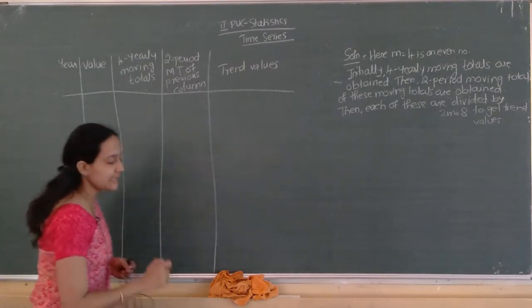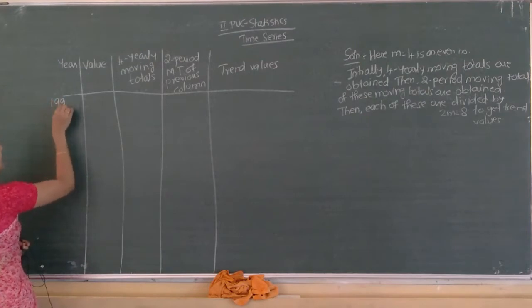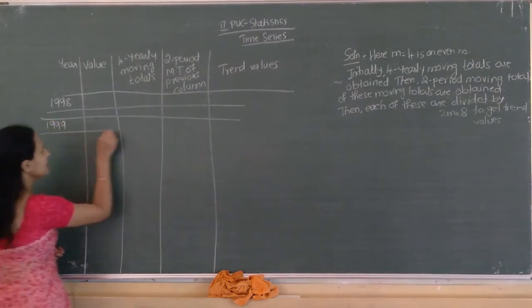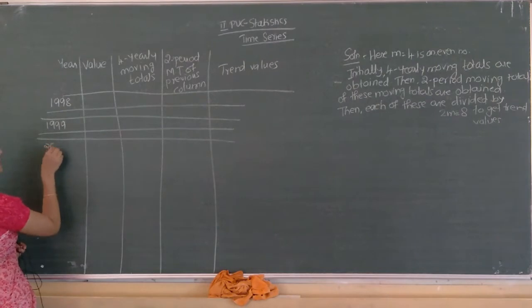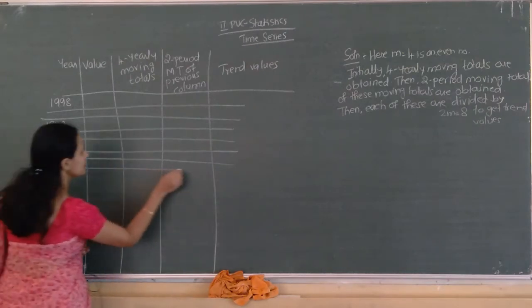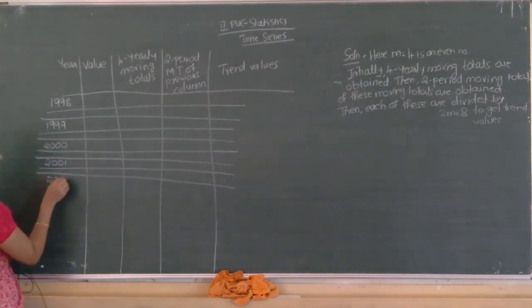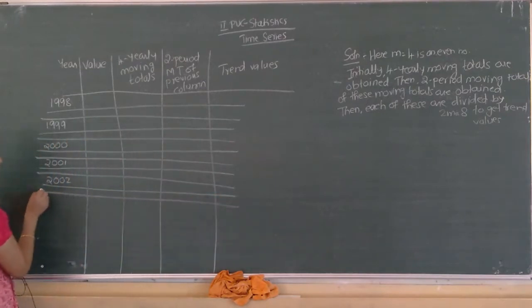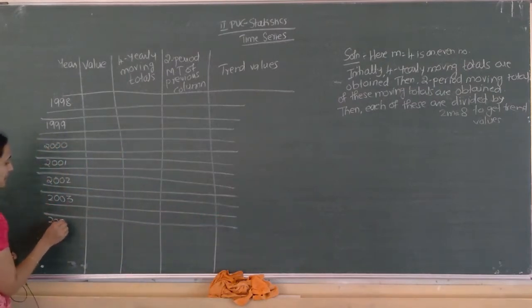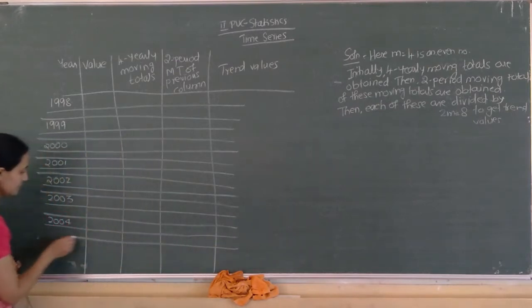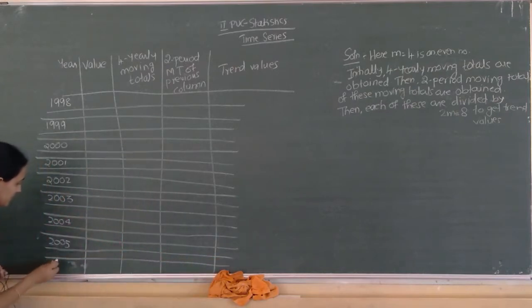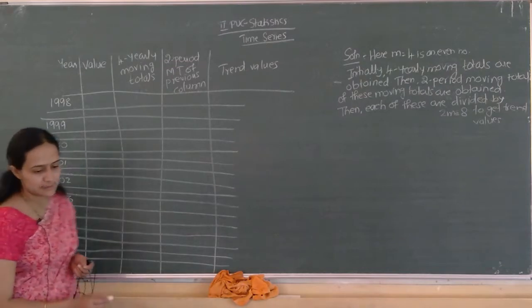So it starts from 1998, 1999, 2000, 2001, 2002, 2003, 2004, 2005, 2006. Clear, this much only.